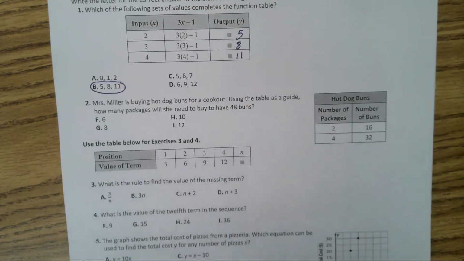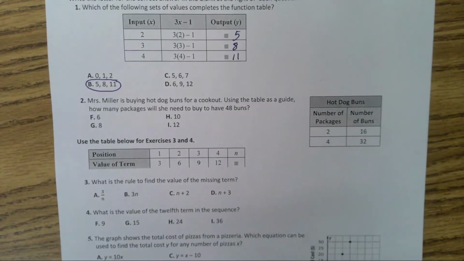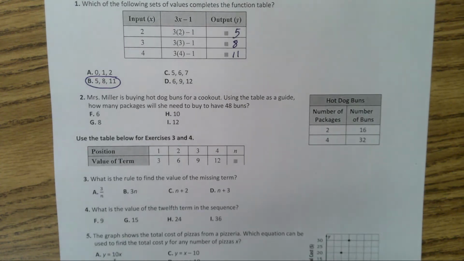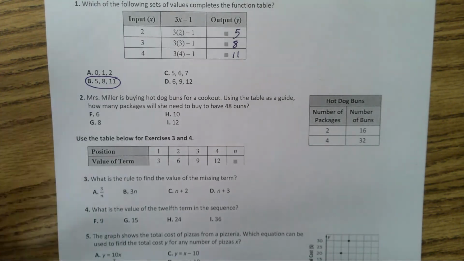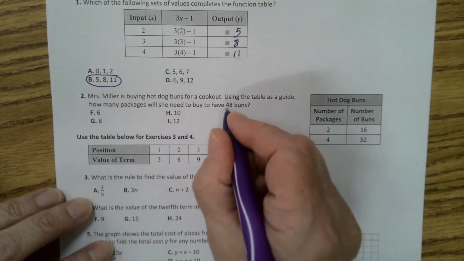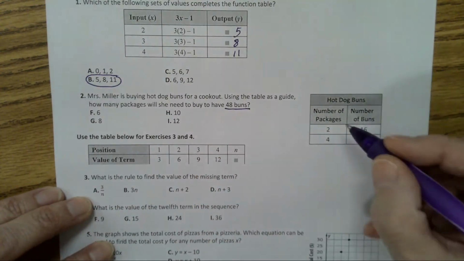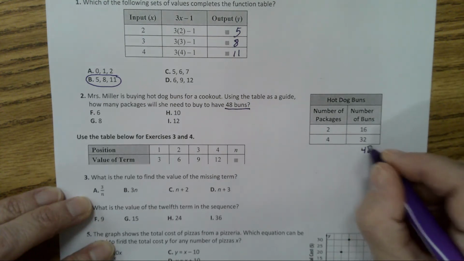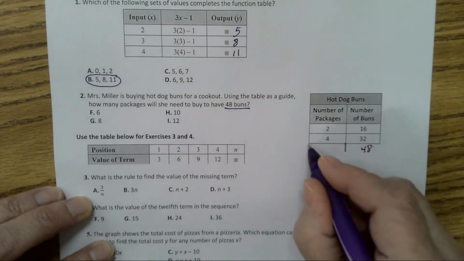Number 2, Mrs. Miller is buying hot dog buns for a cookout. Using the table as a guide, how many packages will she need to buy to have, I missed this one the first time I did it, 48 buns. Packages, buns. 48 would go on this column, so I'm just going to make my box a little bit longer.